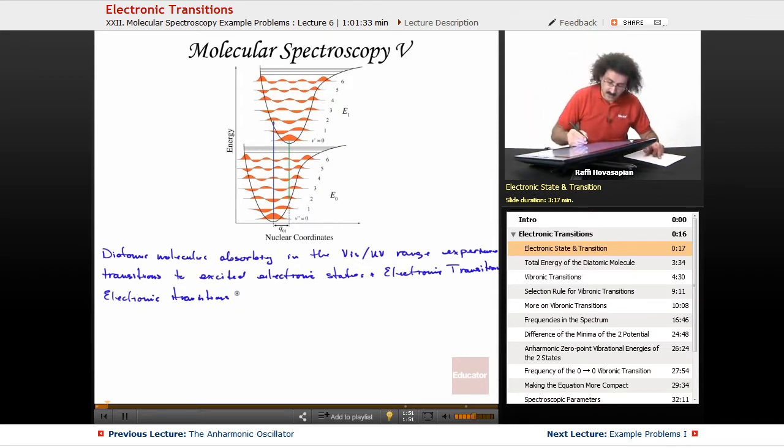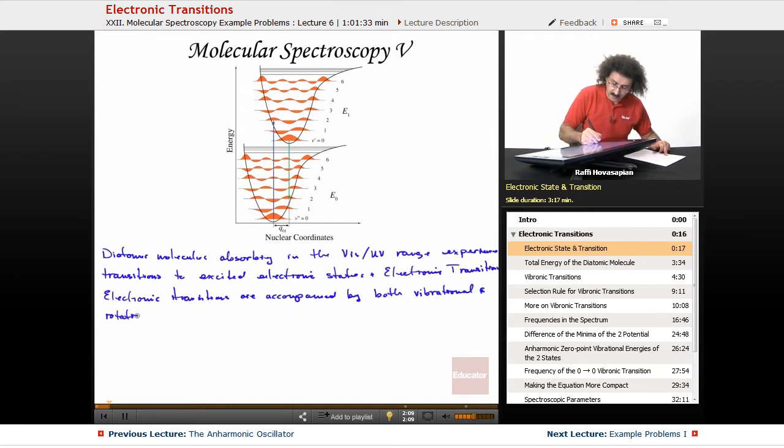So electronic transitions are accompanied by both vibrational and rotational transitions. In general, the rotational transitions we're not going to worry about because they're reasonably insignificant. It's the vibrational transitions that we're going to be concerned with.